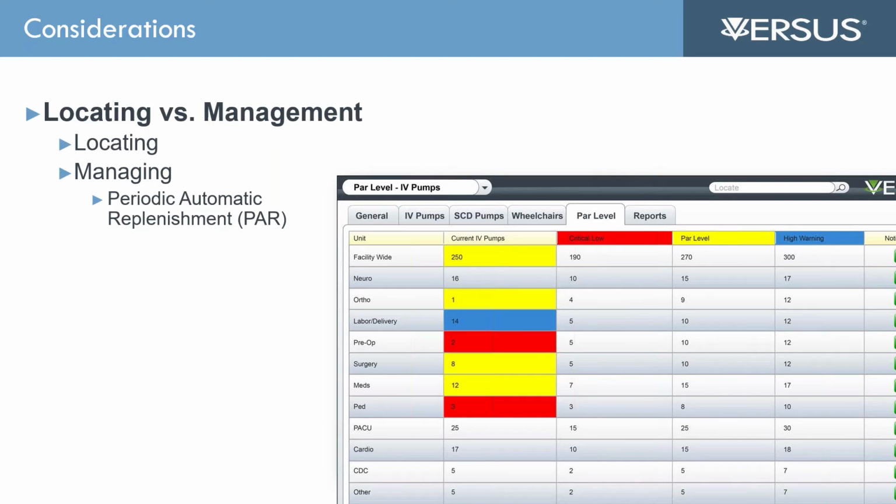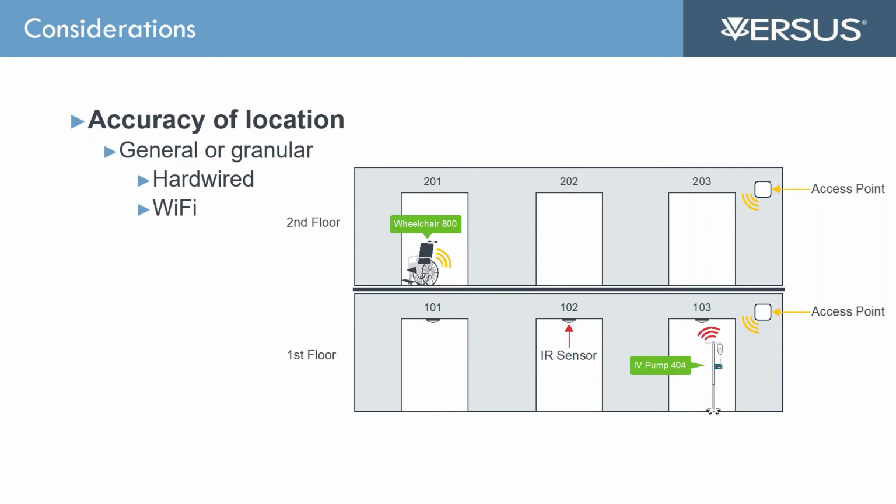So the clear thing here is taking that important location information and leveraging it in an example like an IV pump par level solution. I also want to talk about the importance of understanding the accuracy of location.